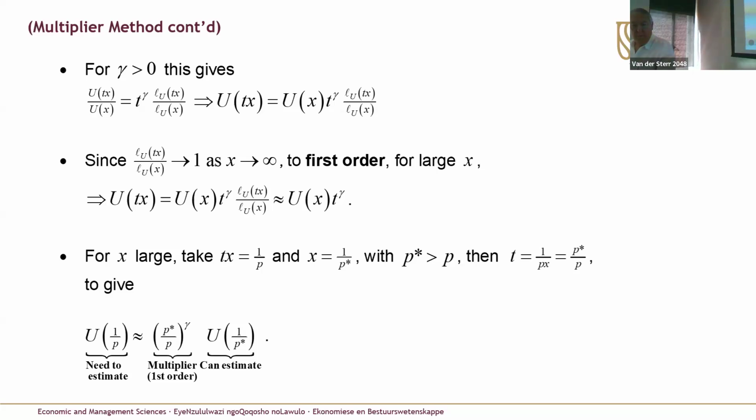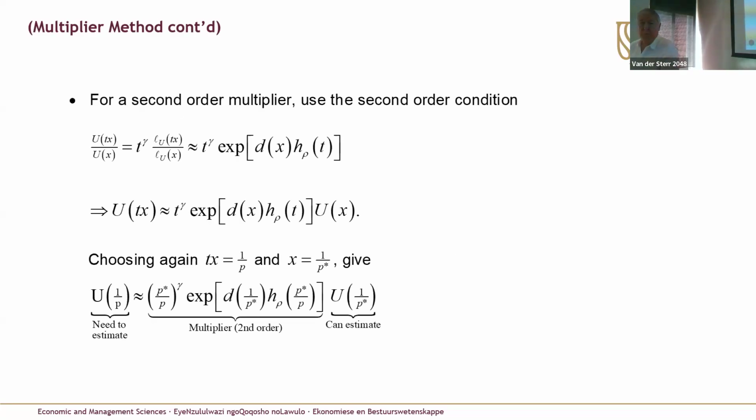This we can then estimate, and this is just constants with the parameter gamma. So that's essentially what we do to first order.